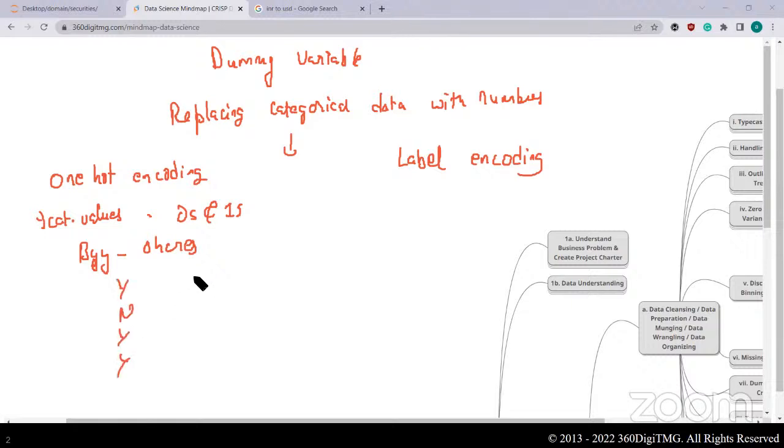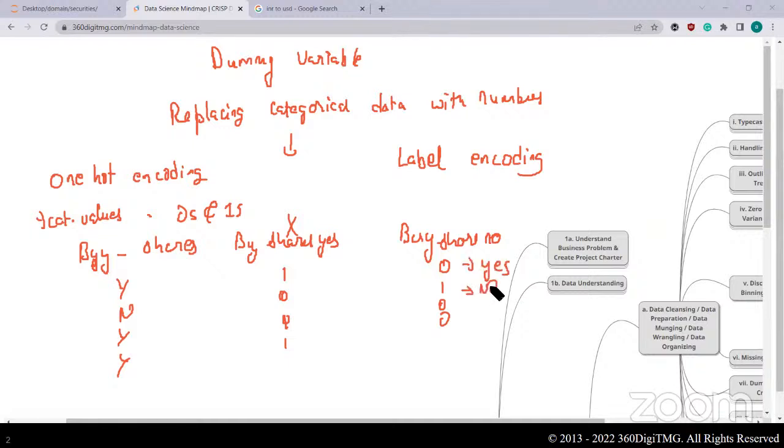So if you do one-hot encoding, it will create two columns: bought shares yes, and bought shares no. So this becomes 1 0 0 0 1 1. This becomes 0 1 0 0. All right. So when you are doing one-hot encoding, you can also ask it to remove the first column. So this removes the bought shares yes column, and you are left with the bought shares no column, where 0 means yes and 1 means no. So that is how we do one-hot encoding.